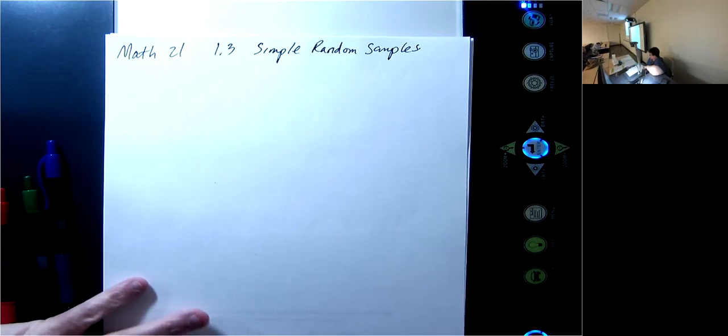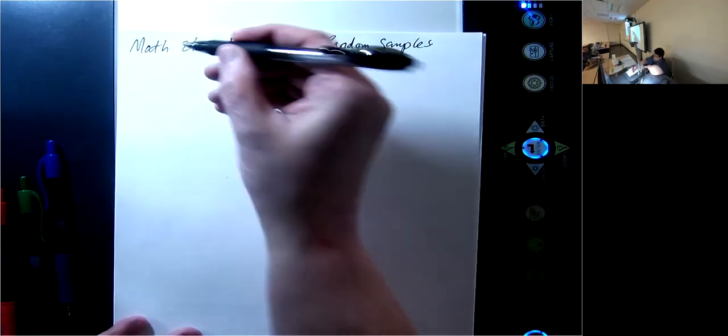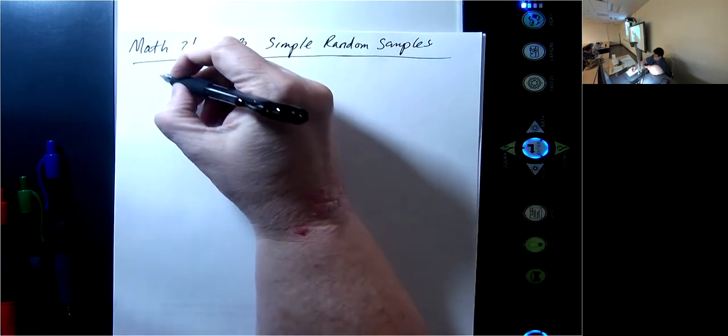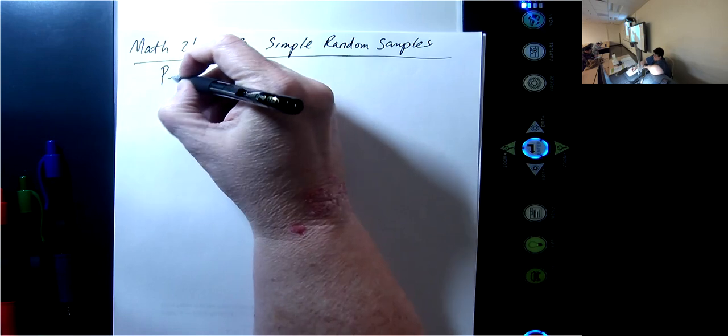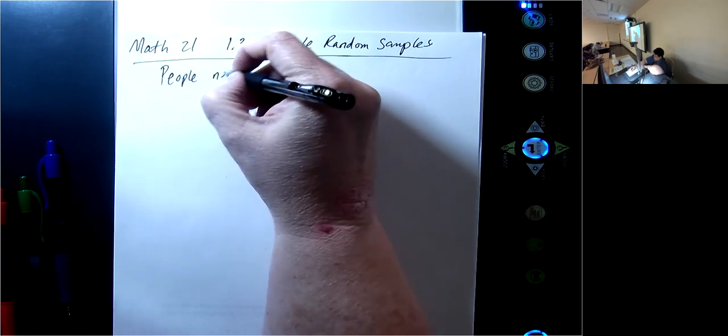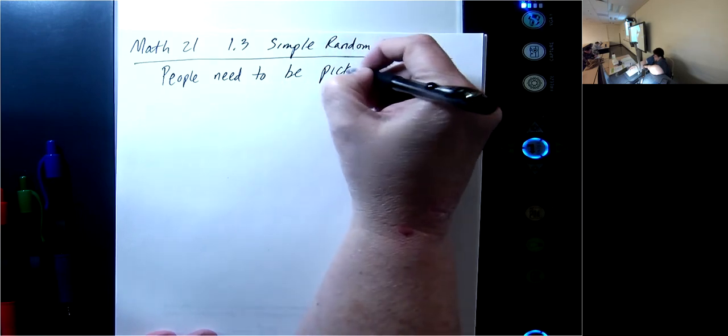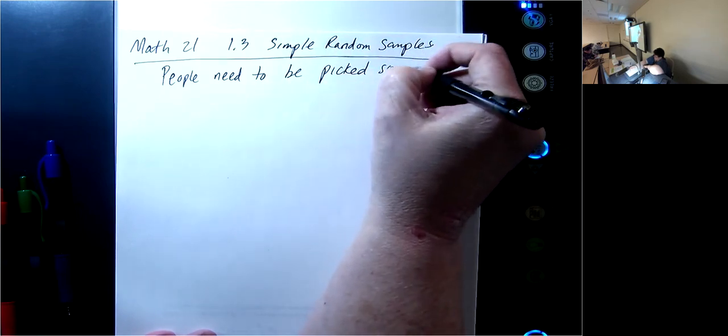So simple random samples, maybe the best way to do it is give an example. People need to be picked randomly. Somewhat randomly.